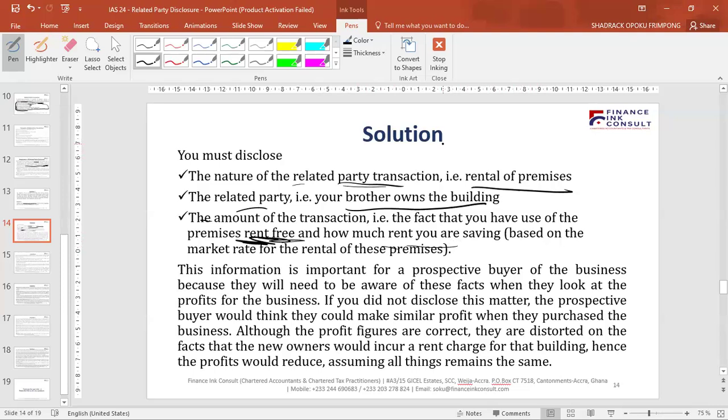You get it. So this information is important for a prospective buyer of the business because they will need to be aware of this fact when they look at the profit of the business.